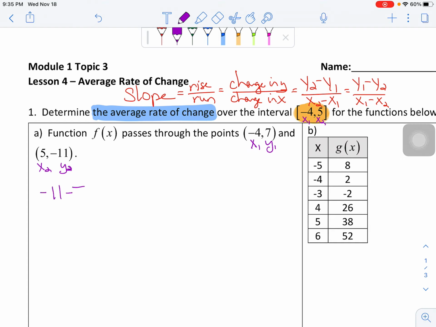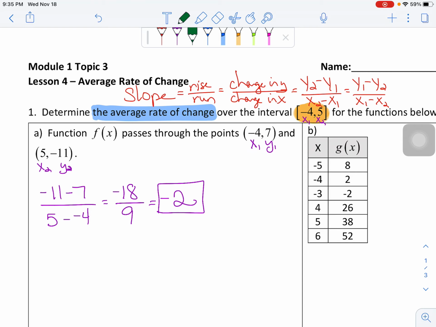So let's say we do -11, which is y2, minus y1, which is 7, over 5, which is x2, minus -4, which is x1. -11 minus 7 is -18. 5 minus a -4 would really be 5 plus 4, so that's 9. So -18 divided by 9 is -2. And there is your slope, your average rate of change.